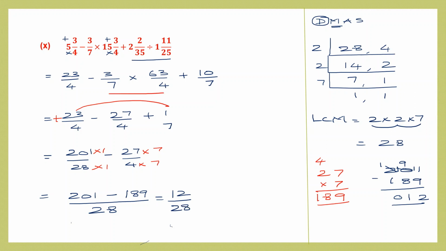Now 12 and 28 are both in the tables of 4. So we can reduce it to the lowest term by dividing both by 4. So now let's see what we get. So 4 3s are 12 and 4 7s are 28. So we get 3 by 7. So our final answer here is 3 by 7.